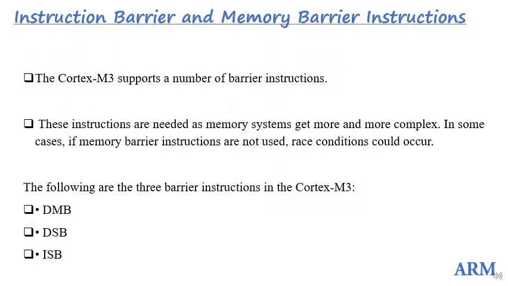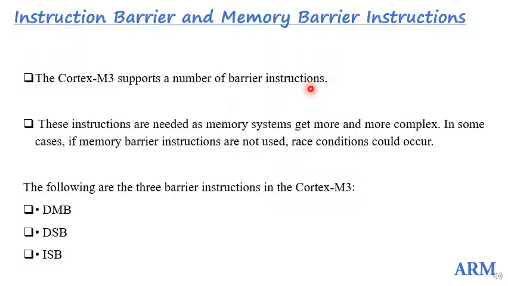So the next topic is instruction barrier instructions and memory barrier instructions. These are needed as the memory system of the Cortex M3 becomes more and more complex. Cortex M3 supports a number of barrier instructions.